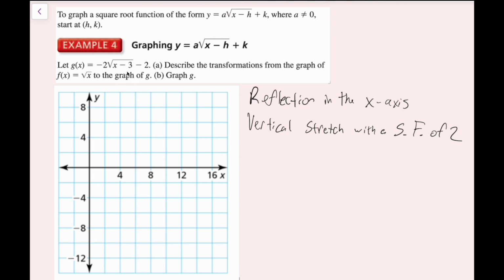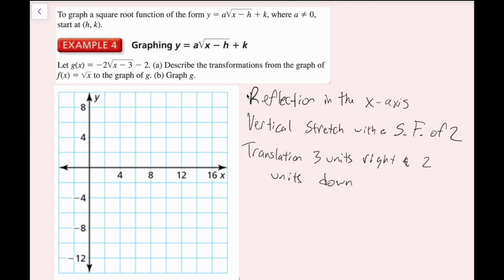Well, this -3 on the inside means that I'm translating 3 units to the right, and then the -2 on the outside means I'm translating 2 units down. So translation, 3 units right, and 2 units down.